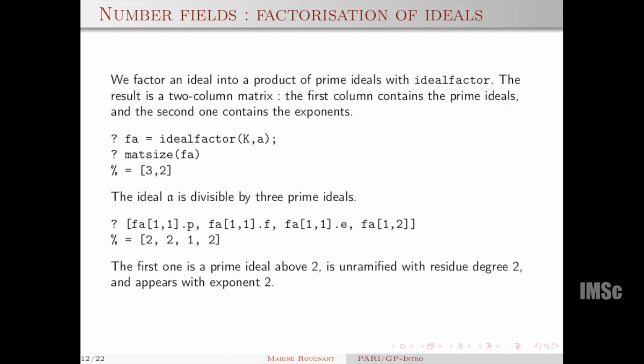So it's a prime above 2 with residue degree 2, ramification index 1, and the power is 2. So finally, you know that the first prime that you get is a prime above 2, unramified, with residue degree 2, and that you have to put it to the power of 2.